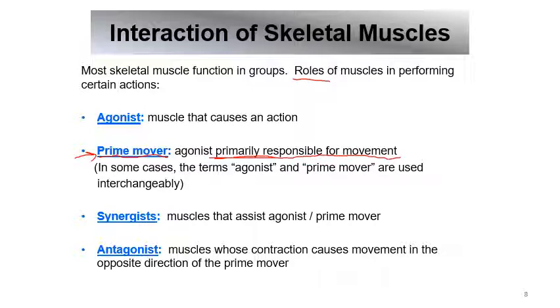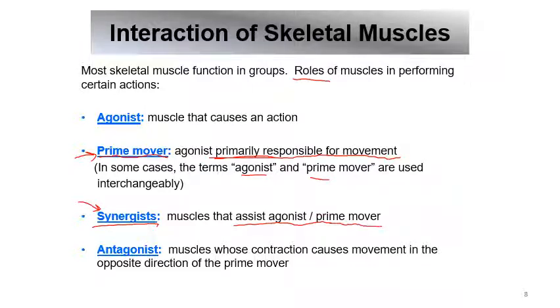Prime mover means the muscle that is primarily responsible for a movement. Yeah, and it says here, in some cases, the terms agonist and prime mover are used interchangeably, but no, prime mover does most of the work for doing the movement. Then synergist. Synergist means the muscles that help the prime mover.